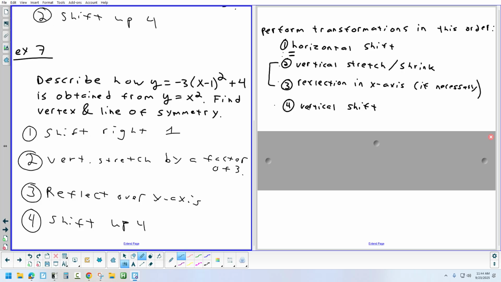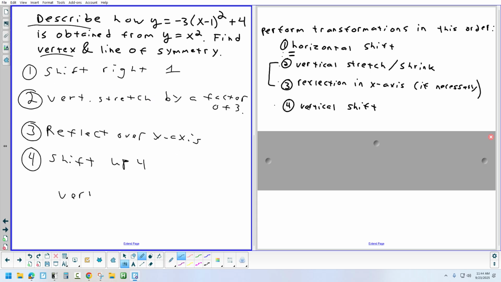What else do they want to know? So we did the describe vertex. Well, where does the vertex start if you don't do any kind of shifting? The vertex is always where? Yeah, 0, 0. It's always 0, 0. Now, think about what we did.